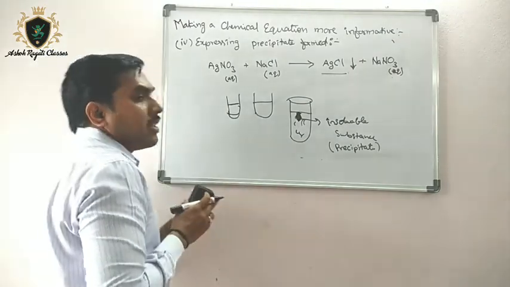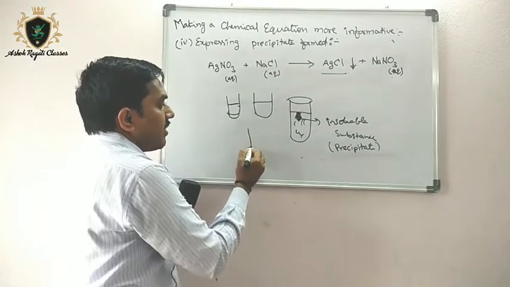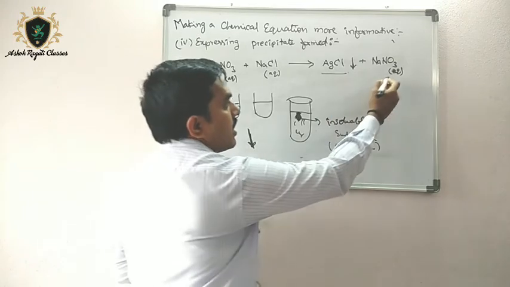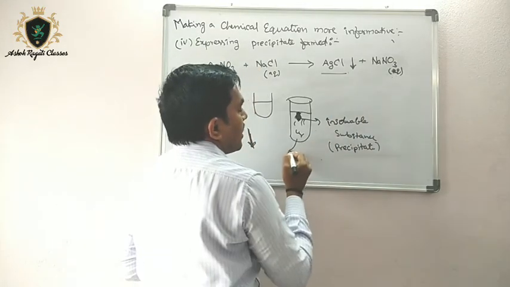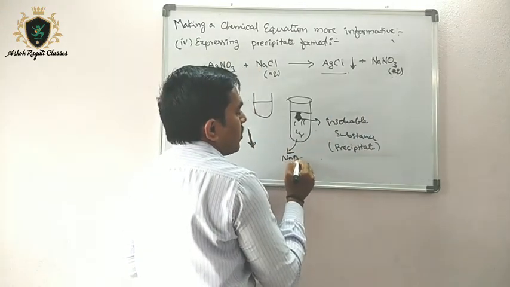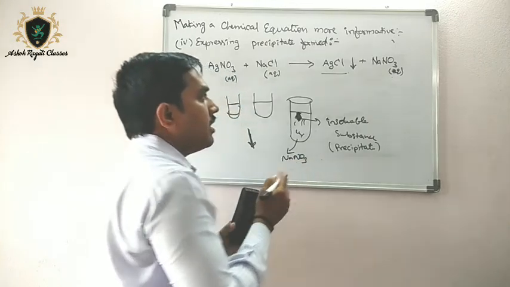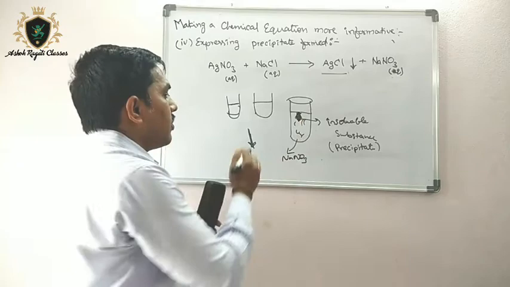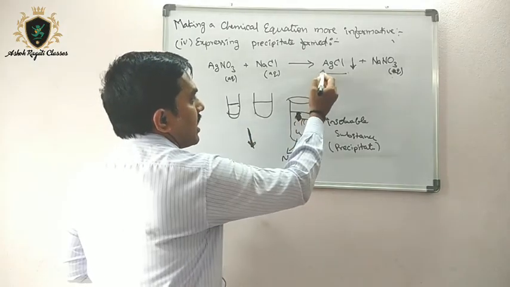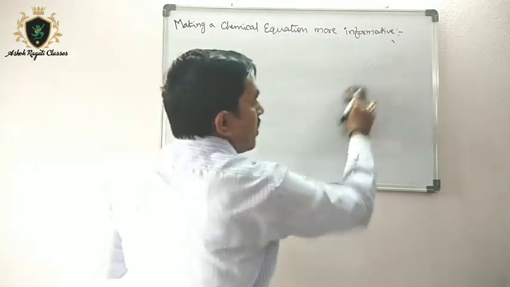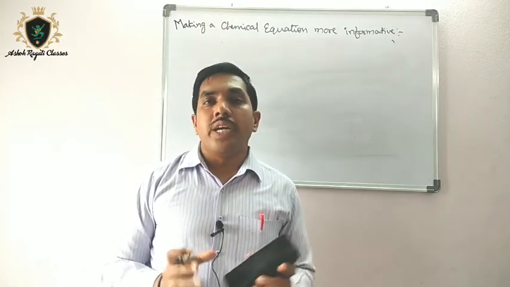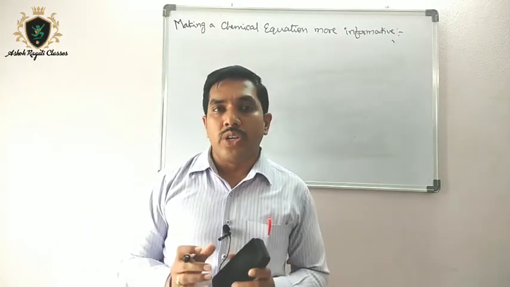Understood? The precipitate is indicated with a down arrow. The aqueous one is NaNO3, so it is automatically understood that NaNO3 is the remaining solution, and the down arrow indicates the precipitate, that is AgCl. Up to now we have indicated four characteristics to make our chemical equation more informative.